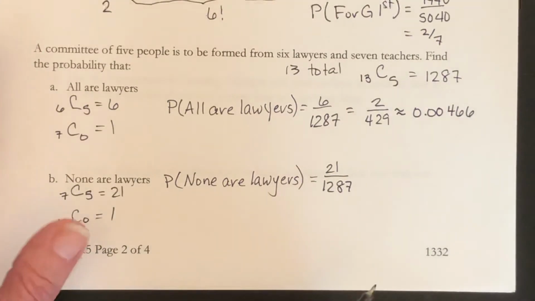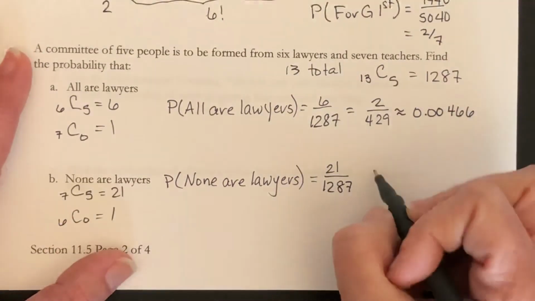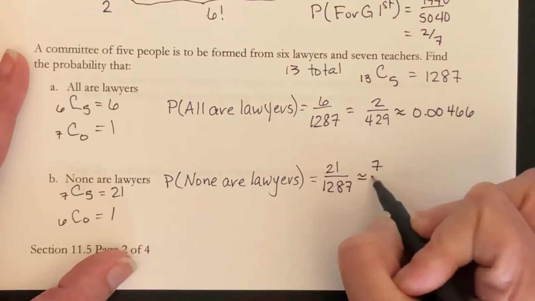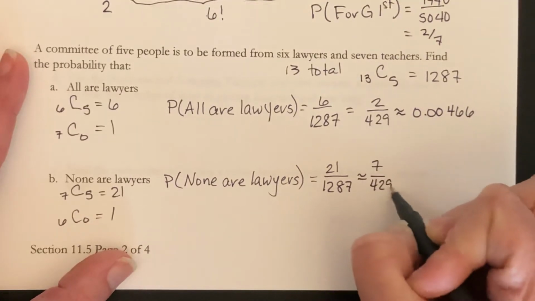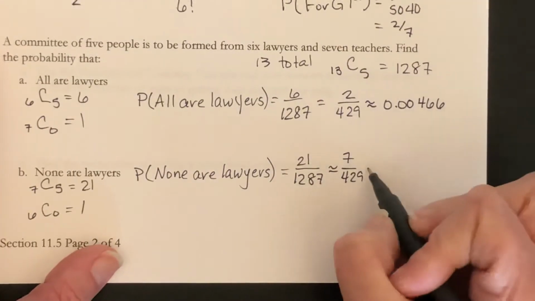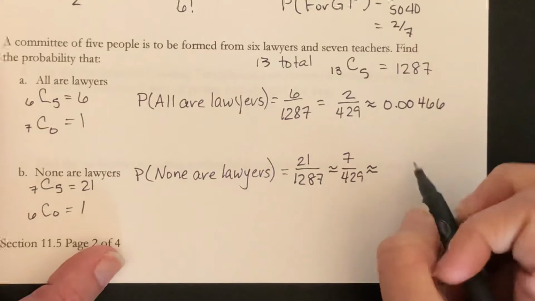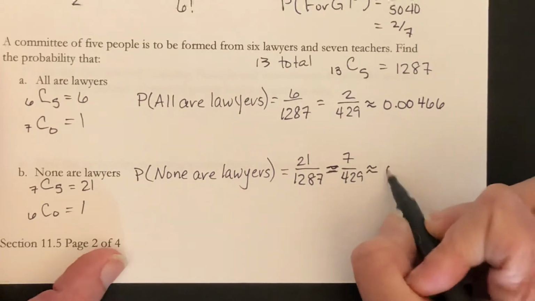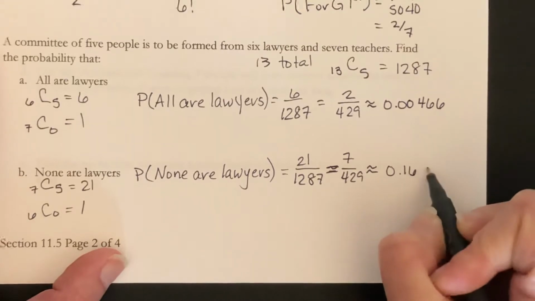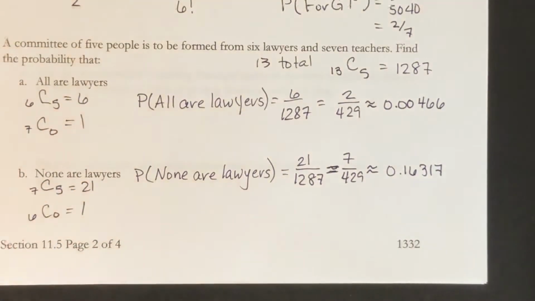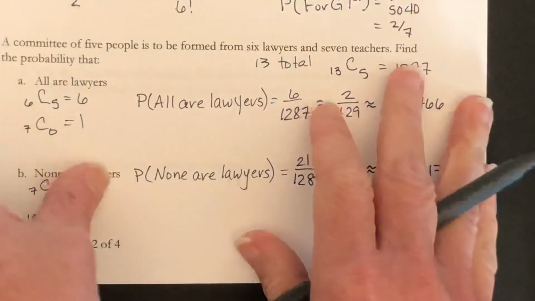And then if you reduce that, you get 7 over 429, which is equal to, not approximately, 0.16317.